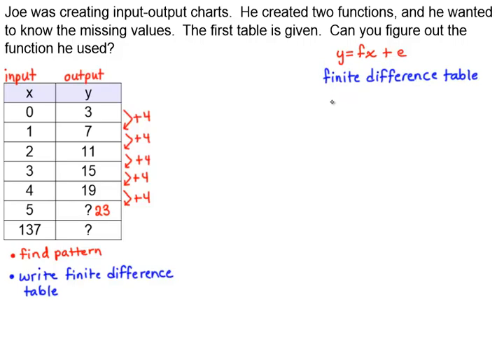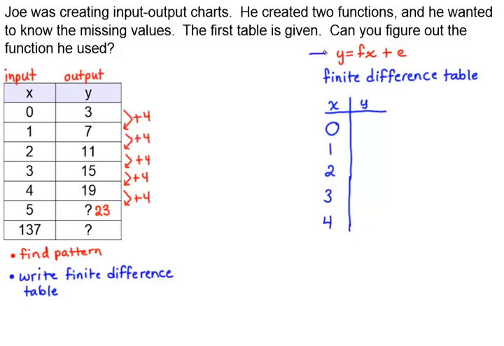Okay, so let's do that right here. Finite difference table. So we're going to have x and y. And basically, we're going to make a table of values. And we're just going to plug in 0, 1, 2, 3, and 4. What are we going to plug them into?